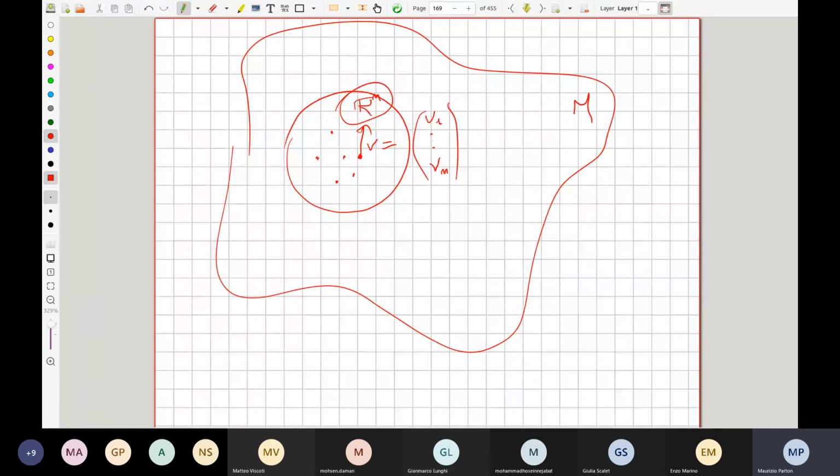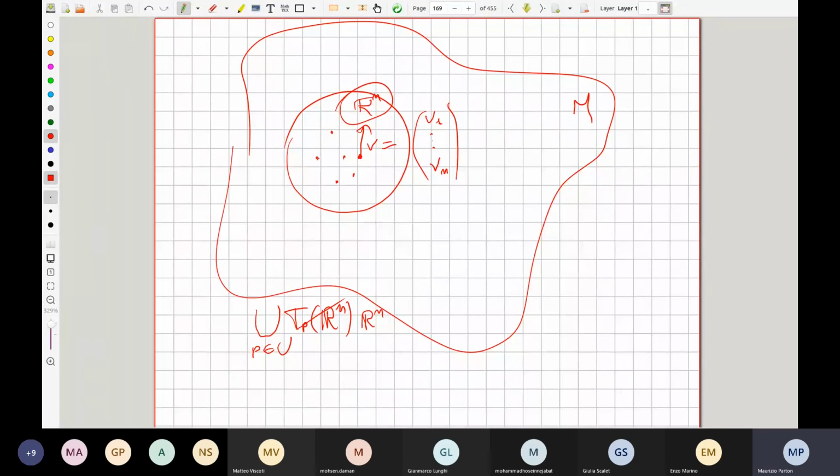So this means that this union, for points in the local charts, of the tangent space to your manifold at this point, is just the tangent space to Rn, because we are looking locally. So this is just Rn.